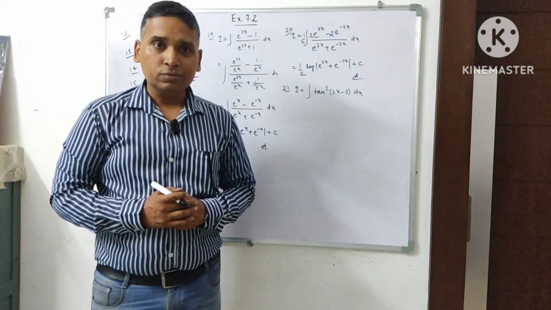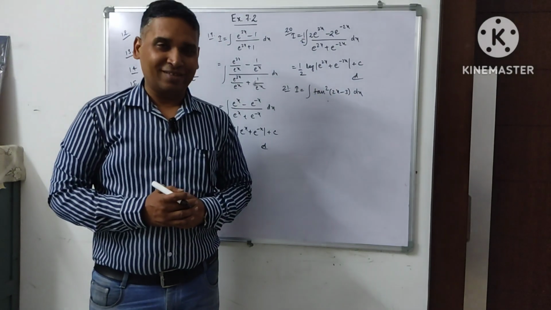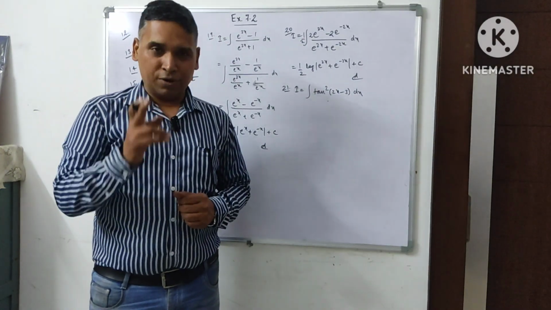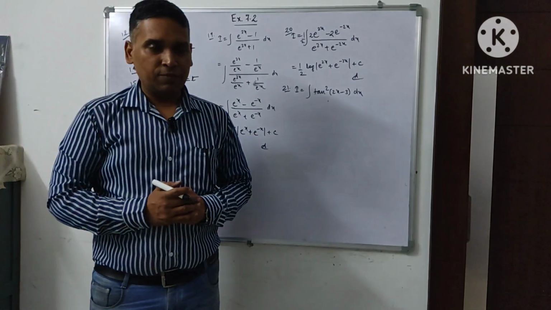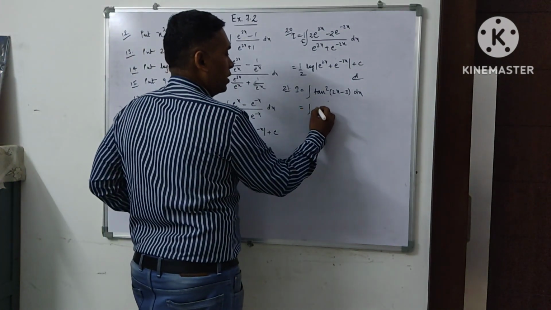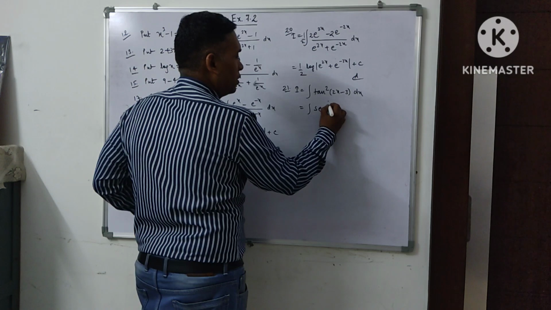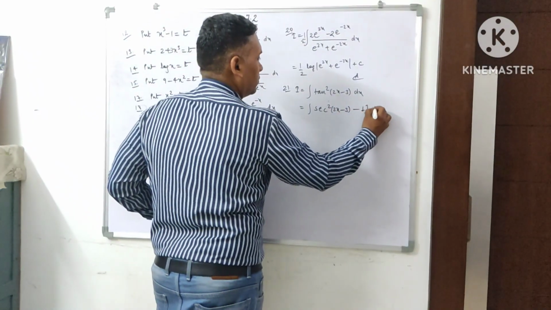So what to do? We have to recall the identity which we studied in class 10th, and that was 1 plus tan square theta is equal to sec square theta. Am I right? So we can replace this one by sec square theta minus 1.